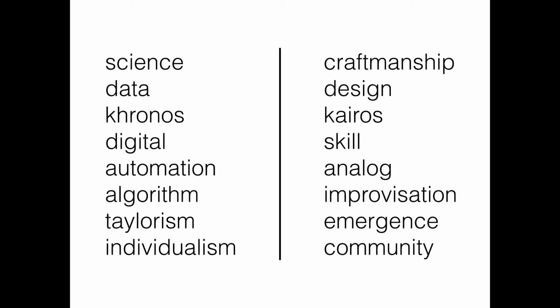These two columns represent values that have been, in a way, present in our society. But the ones on the left, as we enter the Industrial Revolution, this complex of values, the interdependent ones in the left column, began to predominate, sometimes at the expense of the ones on the right.